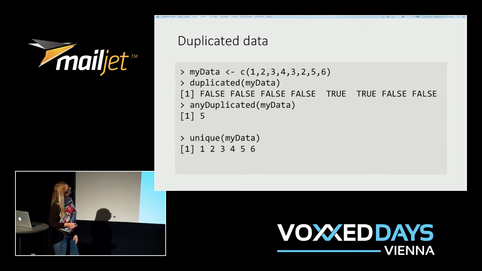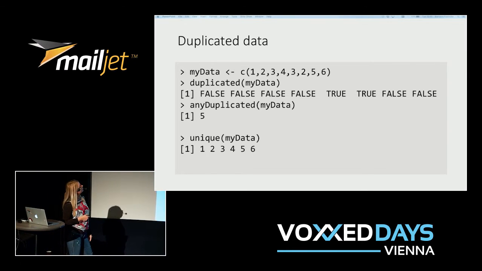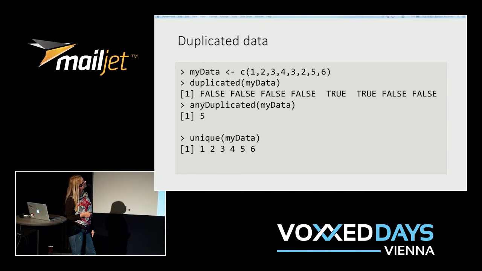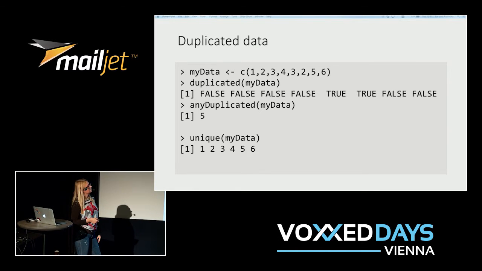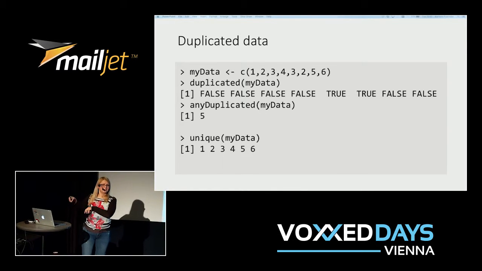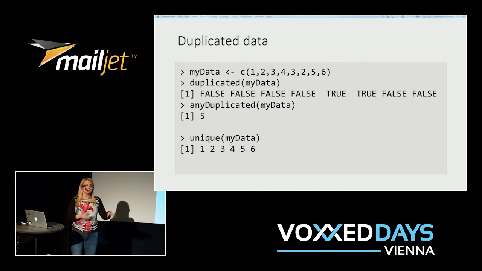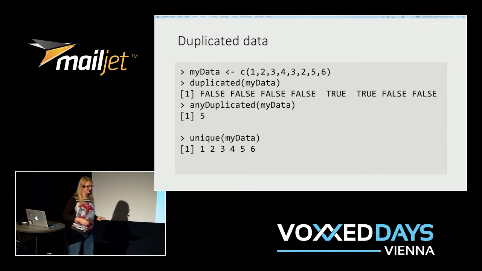But if you look at them, I have element 3 duplicated, right? And element 2. So I was expecting this and this to be true. But true is only on the second one, on the third and fifth also. The first time the element appears, this function will not return a true on it.